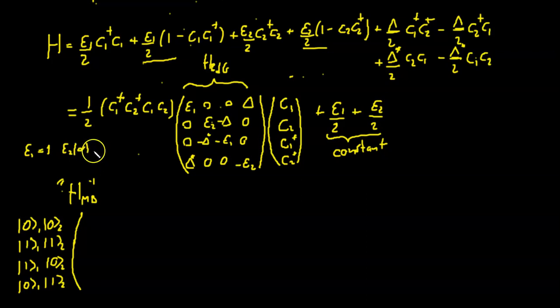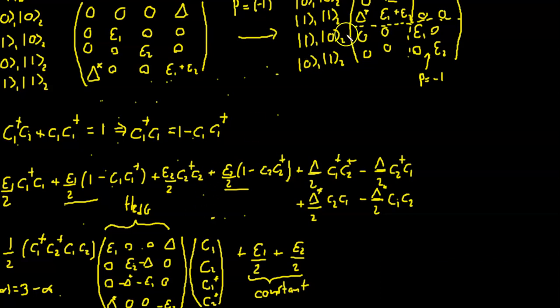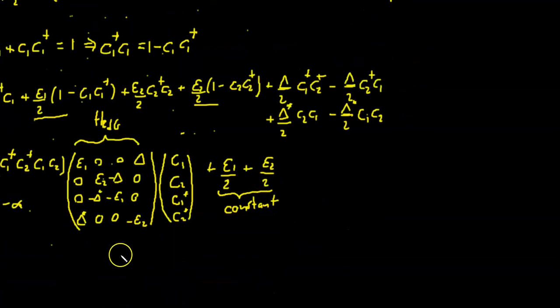I'll write E2 depending on this parameter alpha, 3 minus alpha. And E1 and delta are constant, they're 2. So my many-body Hamiltonian, I'll just copy it from here. Something like that: 0, E1 plus E2, delta, delta, all zeros, E1, E2.